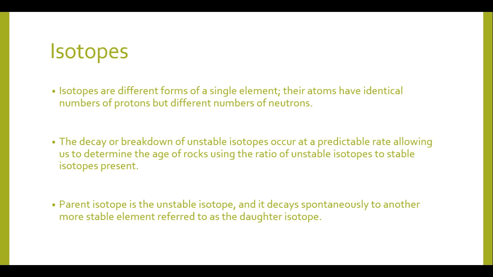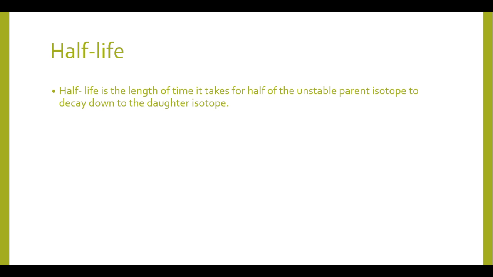The parent isotope is the unstable isotope, and it decays spontaneously to another more stable element that we refer to as the daughter element, or daughter isotope. A half-life is the length of time it takes for half of that unstable parent isotope to decay down to its more stable daughter isotope.